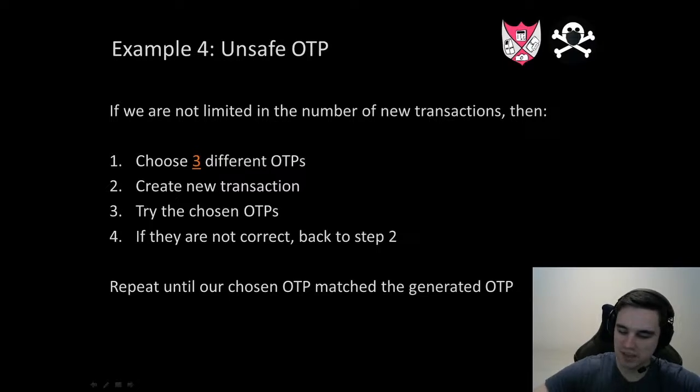We can take one big dictionary and use it to enumerate all existing OTPs. It doesn't work exactly like this, but it is very similar. We should repeat this algorithm until we match at least one OTP.